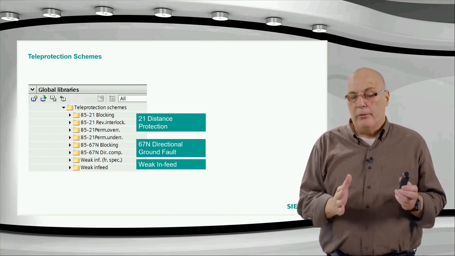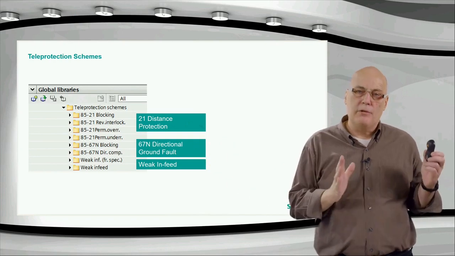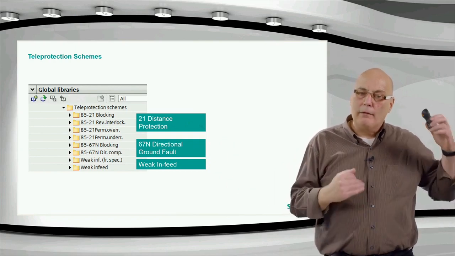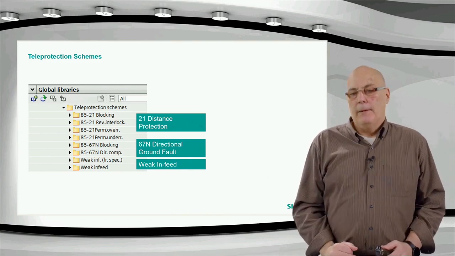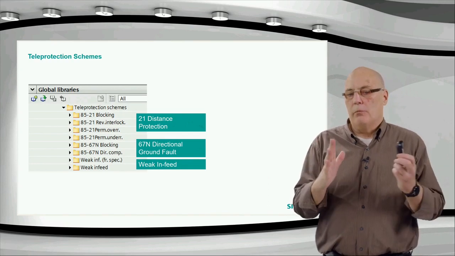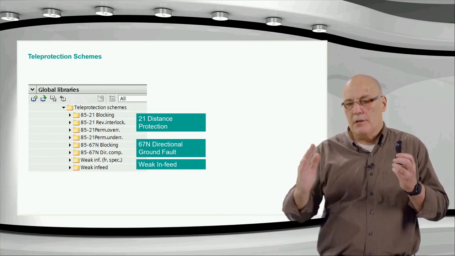At some point, if it's a high resistance fault, and that's why we sometimes refer to 67N as a high resistance fault protection or high ground fault resistance protection, then it goes beyond what the distance protection should be set to. Remember, we don't want to set the resistance reach of the distance zone too big.